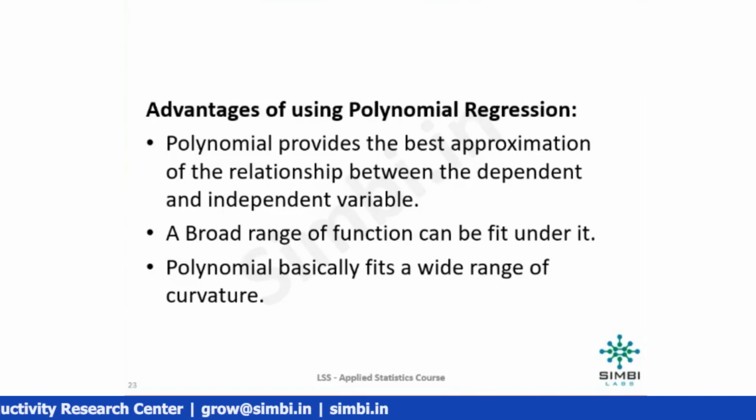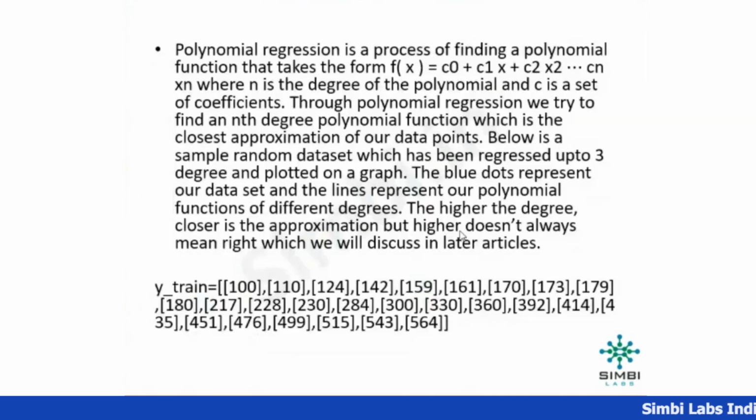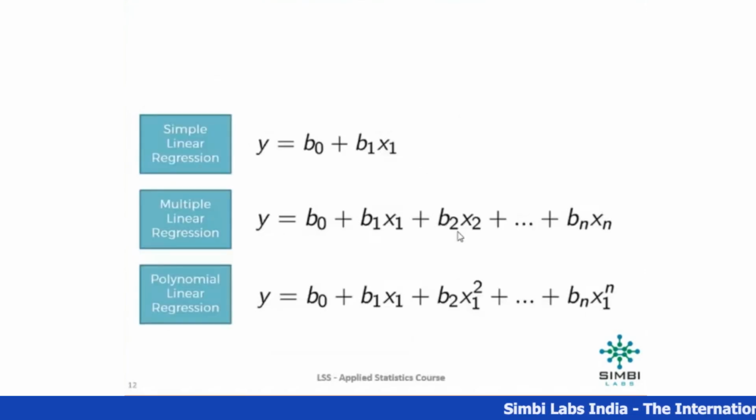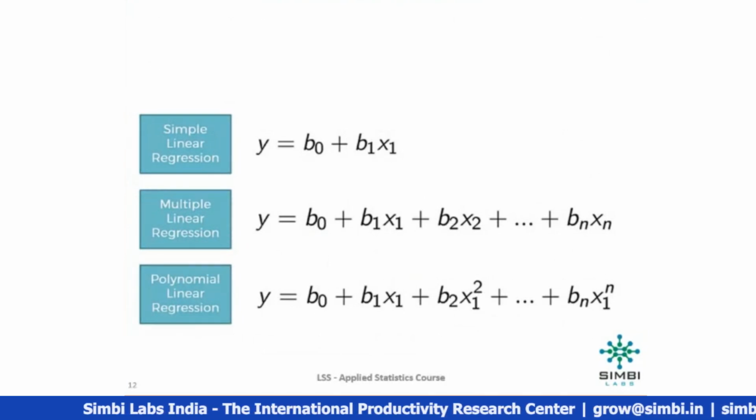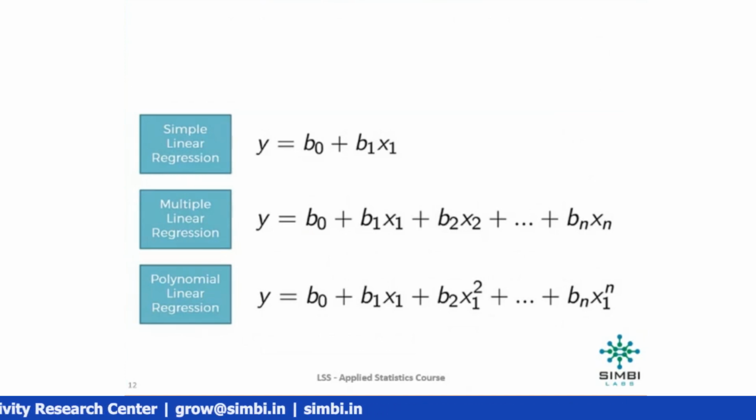The degree of a polynomial is the highest power of the independent variable. Here you can see the term bn into x1 power n. That is the highest power of the independent variable in the polynomial equation. For example, in a polynomial of degree 3, the independent variable is raised to the power of 3.